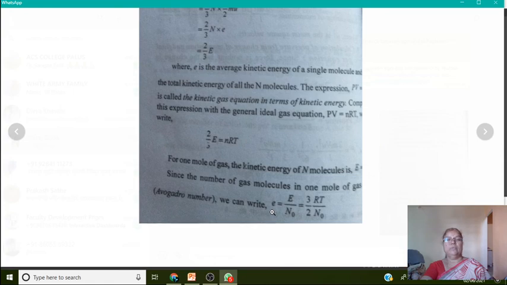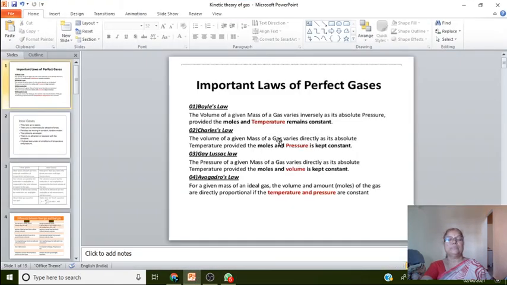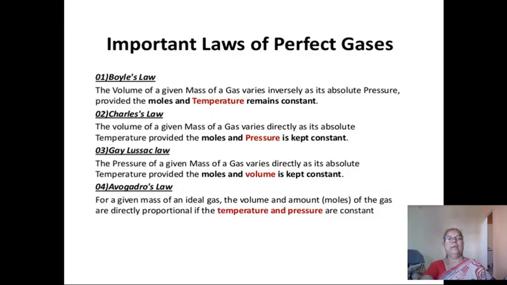let us begin with the new point, and that is ideal and non-ideal gases. Here the ideal gases are those gases which obey the ideal gas laws, and ideal gas laws are Boyle's law, Charles' law, Gay-Lussac's law, Avogadro's law, Graham's law of diffusion.